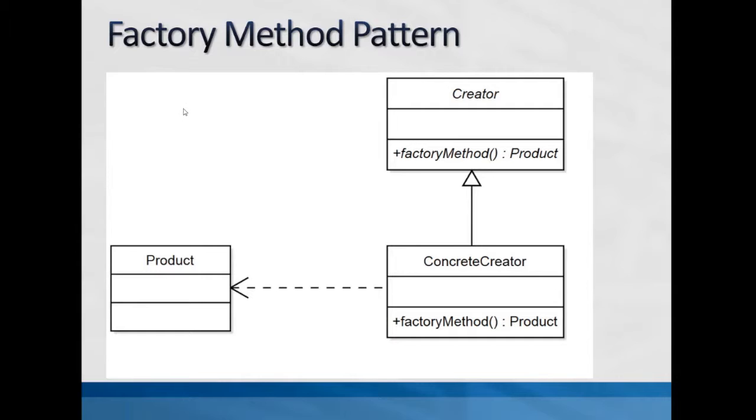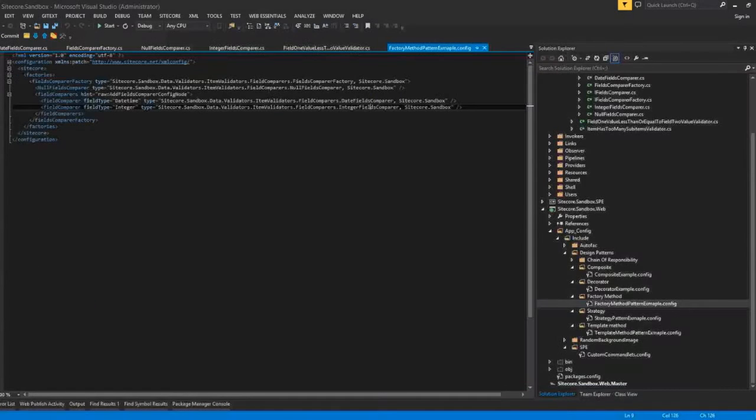So what I did here, let's go to code. Let's look at the actual config file first. I have it open here. So I'm defining a section called factories, and then I have my object here. So this is around comparing fields on an item in Sitecore.